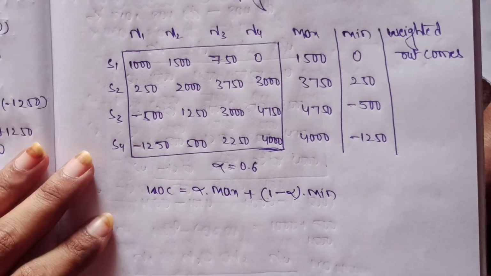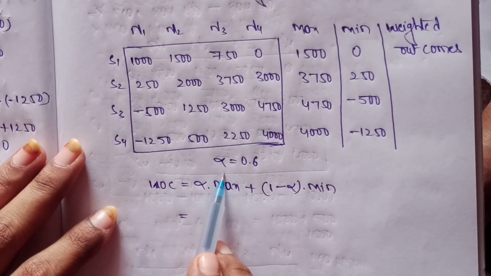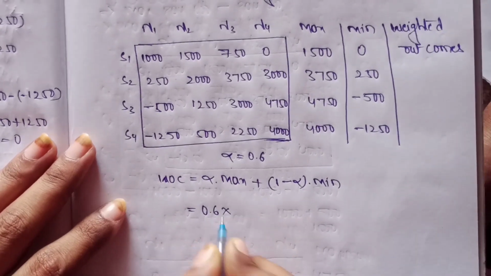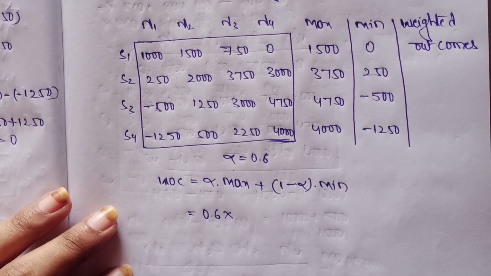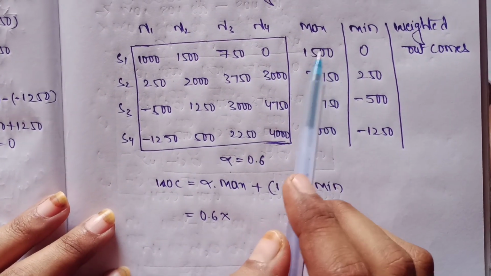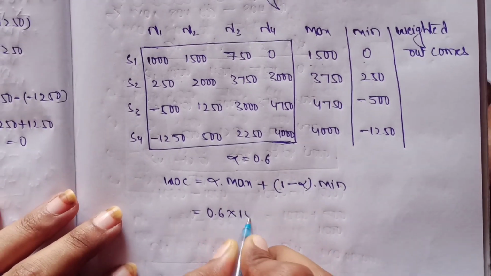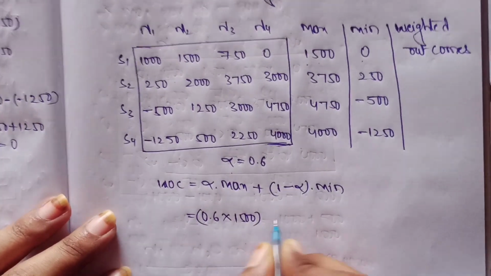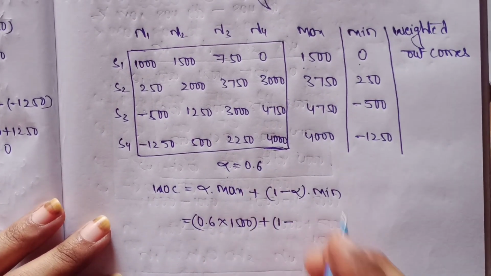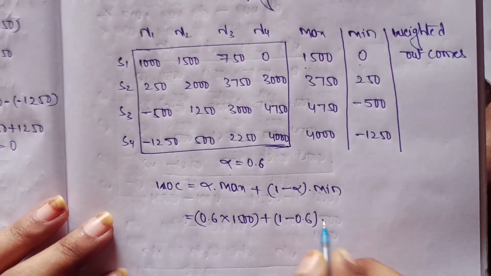So here the outcome is equal to alpha, and the alpha value is 0.6 into the maximum value, 1500. We take the maximum and minimum values, plus 1 minus alpha, that is 1 minus 0.6, into the minimum value, 0.